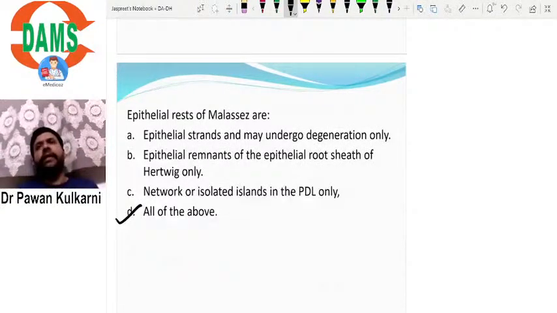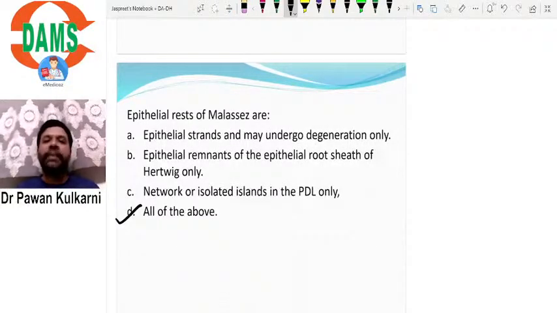But remember, the reduced enamel epithelium, once the tooth erupts, combines with the oral epithelium to form the junctional epithelium, which is nothing but your epithelial attachment. Whether primary or secondary epithelial attachment, it is nothing but your junctional epithelium.